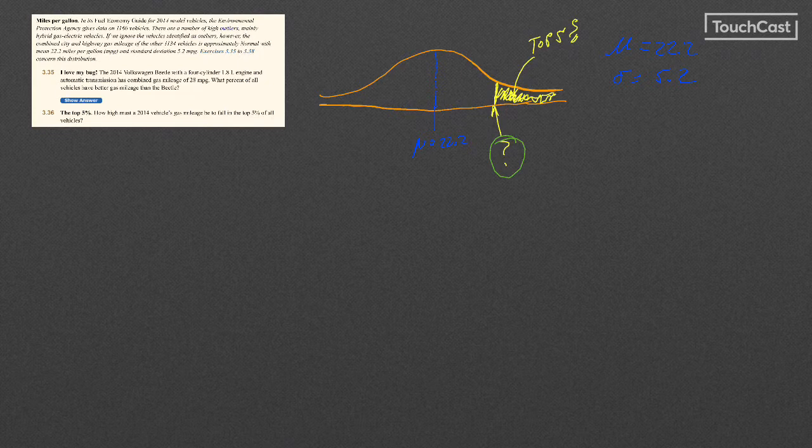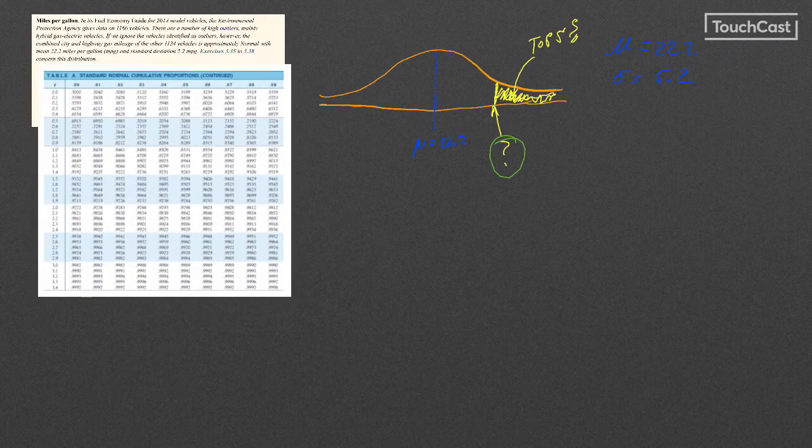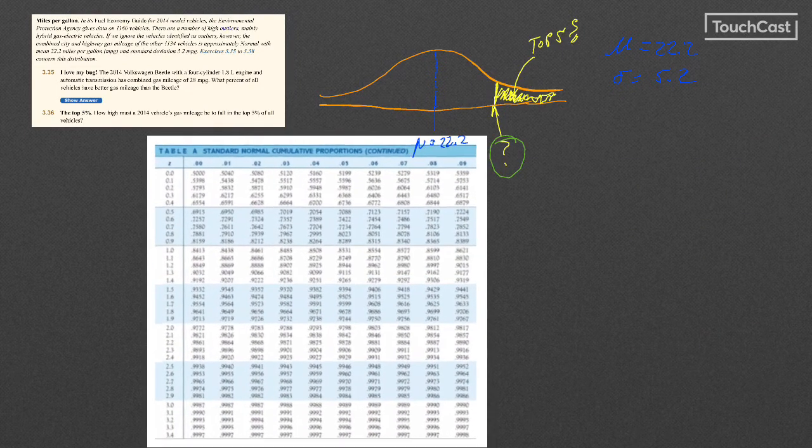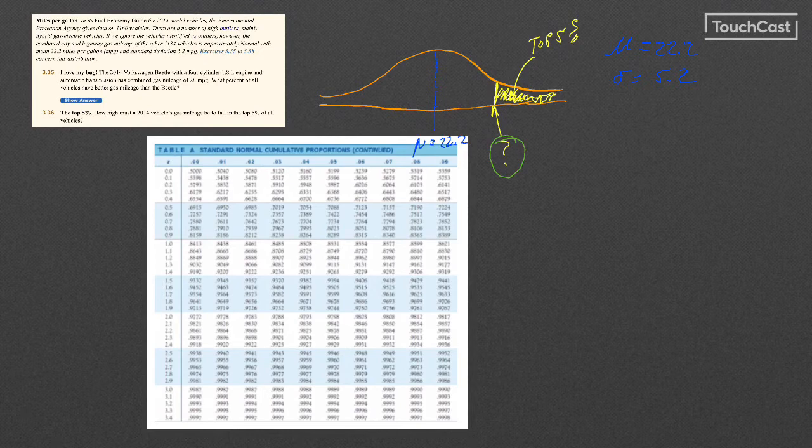I'm going to bring up the chart from the back of the book. If I look at this chart, I can look for something that falls within 5%, but the 5% is on the right side. This table only gives the probabilities of things being on the left side.